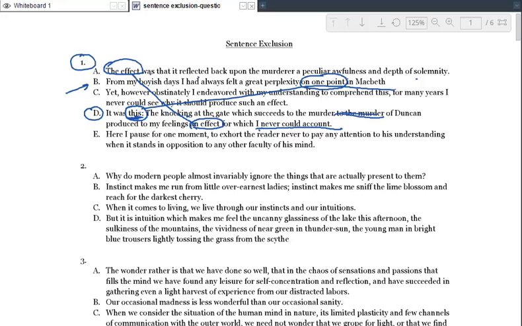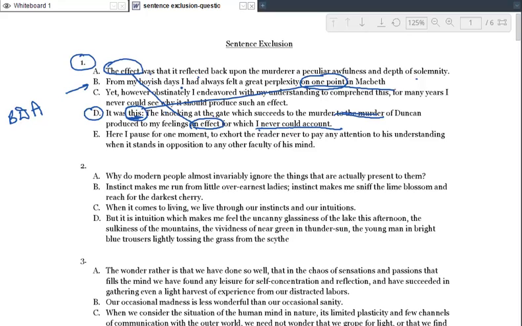Now this is basically what you must use to create connections between the sentences. So you say that from my boyish days, I had always felt a great perplexity on one point, and it was this, it produced an effect, and the effect was that. So you start with B, you go to D, then you go to A. Now you have to fit one more, right?